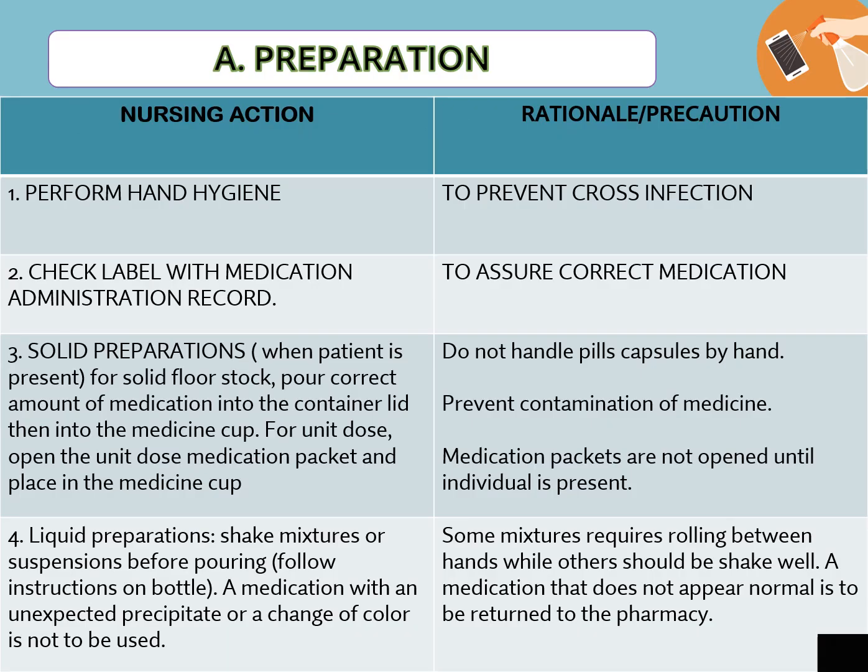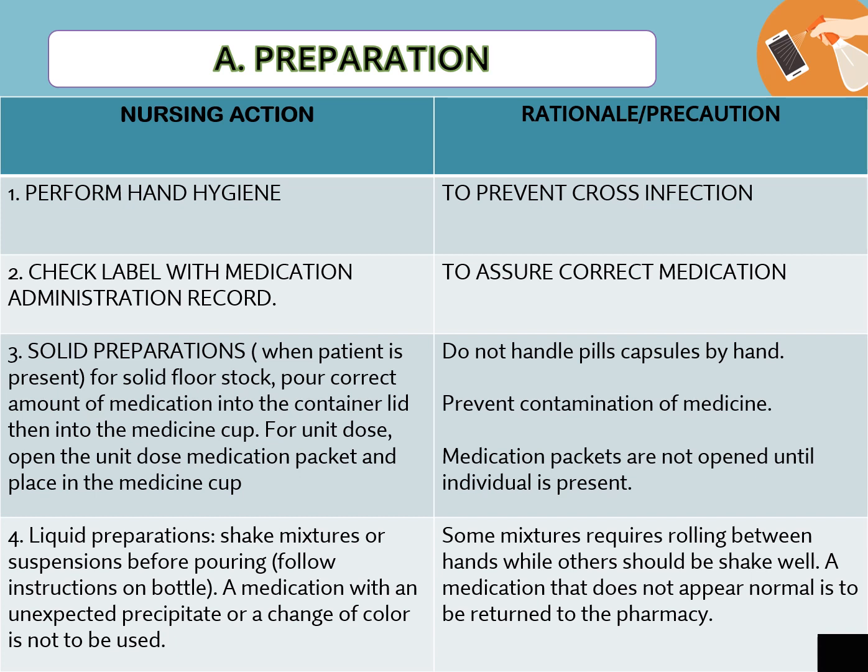For the preparation, first you have to perform hand hygiene. Next, check the label with the medication administration record. For the solid preparation, pour the correct amount of medication into the container lid, then into the medicine cup.